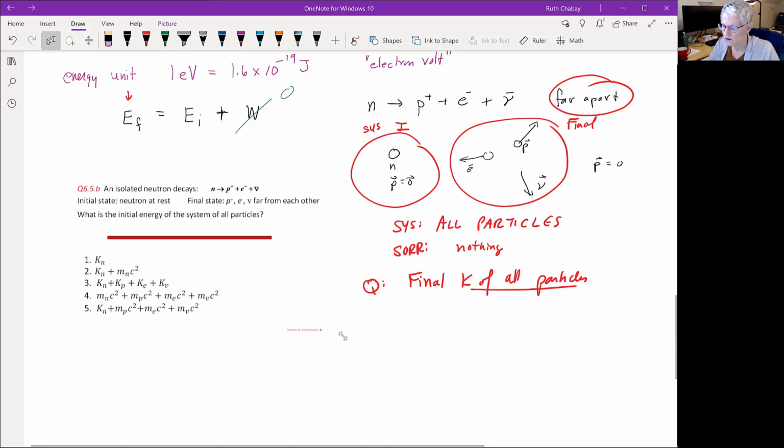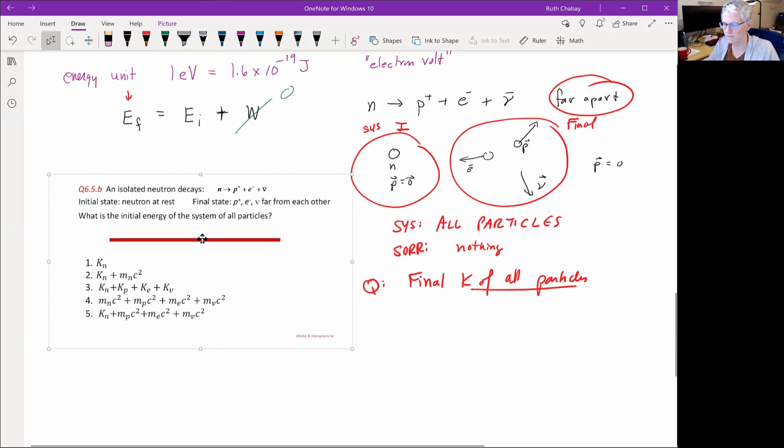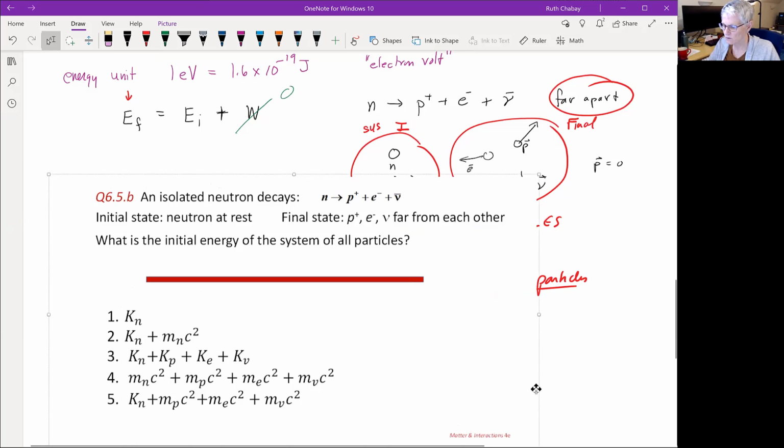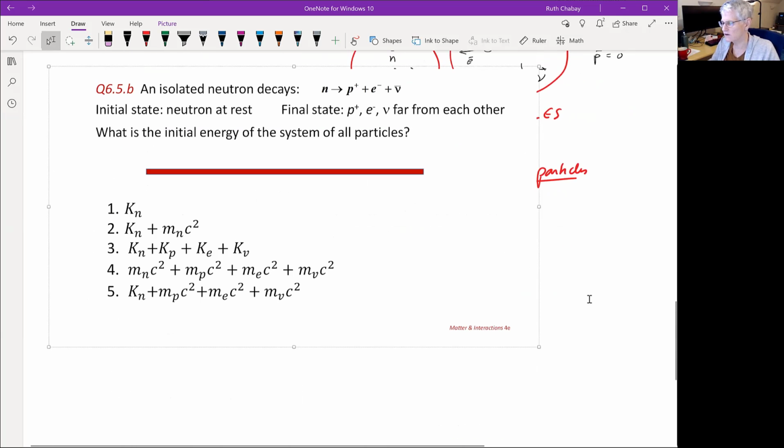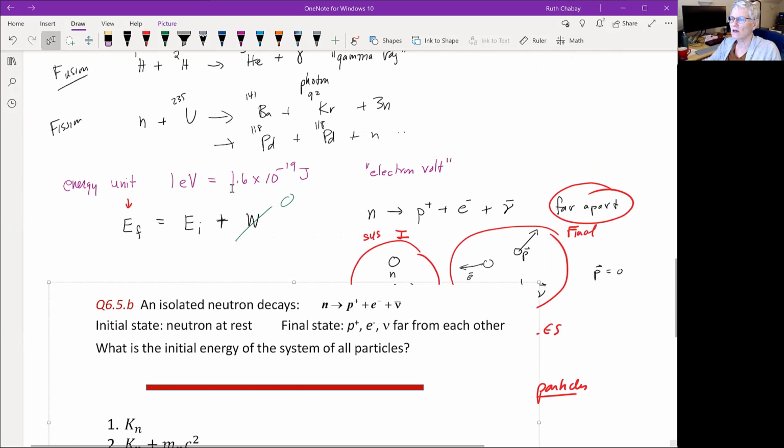So let's consider the following question. So here's our system. Here, we'll make it bigger for a second. A neutron goes to a proton, an electron, and a neutrino far away from each other. And what we want to do is expand out all the terms in this right-hand side, the initial total energy of the system.